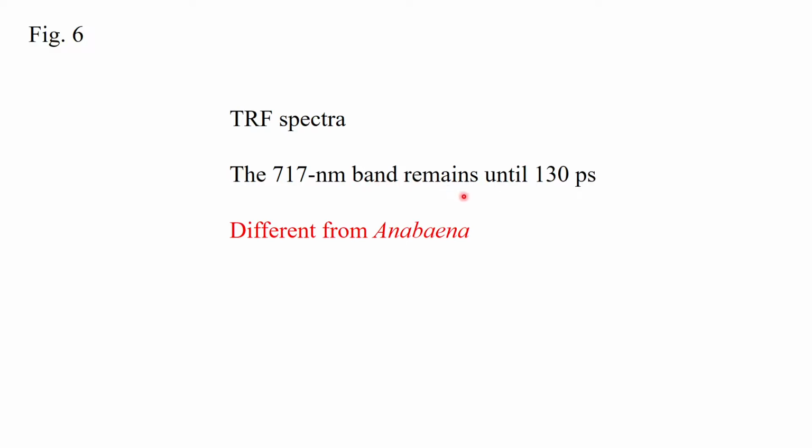This band remains until 130 picoseconds. This fluorescence property is significantly different from Anabaena PS1 trimers, so this indicates that excitation energy dynamics differ between Cyanophora and Anabaena PS1 tetramer.